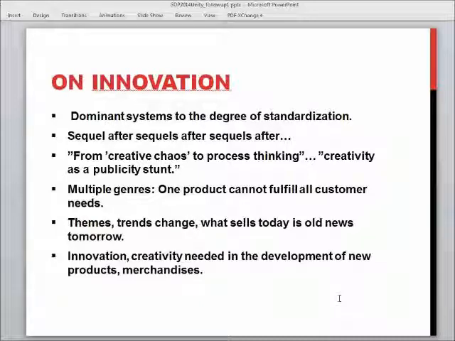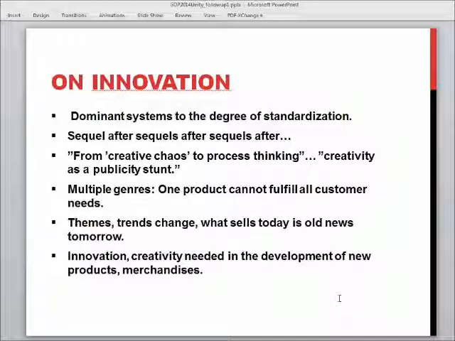So, of course, the question is: is there really innovation in game design or game development? If you go to a store today, you see clones of games that existed 10 years ago, sequels after sequels after sequels, and in fact, there's only a handful of platforms available for development.